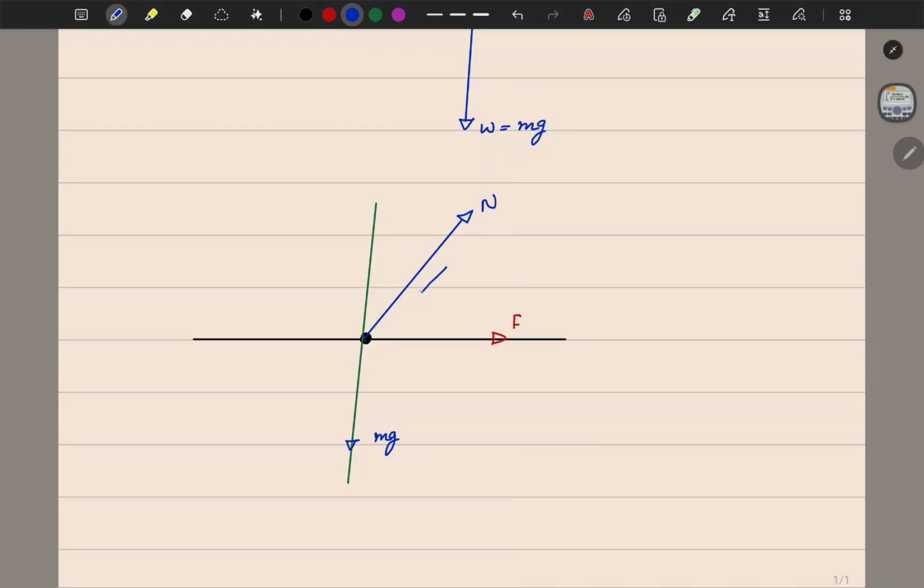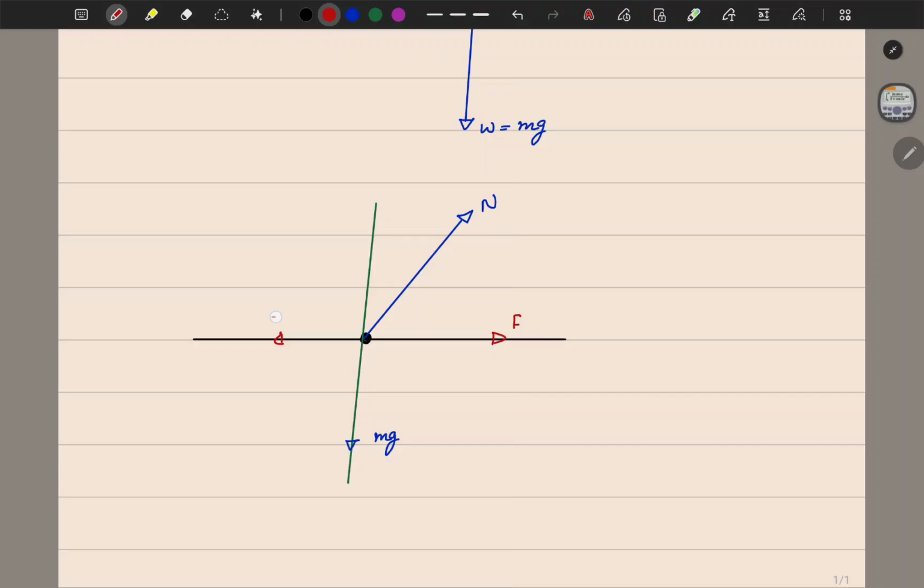And since the body is pressing against the surface this way, the normal force is going to be this way, opposing in direction. If you are leaning against a wall, this is the wall, and you are leaning like this against the wall, forgive my horrible drawing, you're going to have a normal force in this direction because you are leaning in this direction.